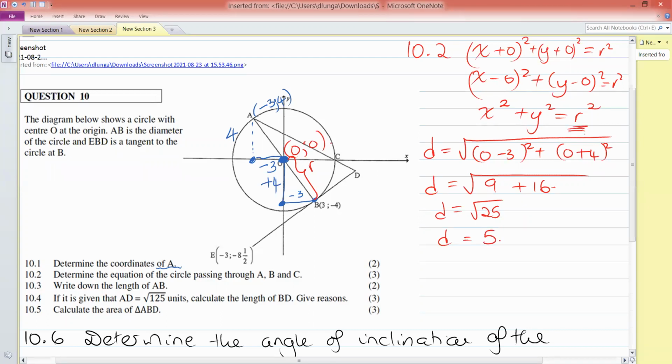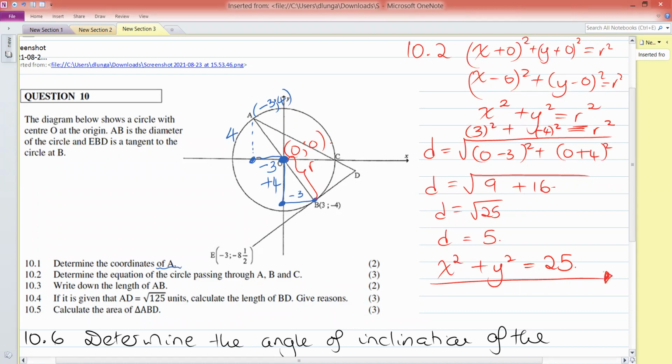But remember, if it's r squared, you square that, so you keep the 25. So x squared plus y squared is equal to 25. Or like you said, you could have just plugged in those values. We could have said the x is 3 squared plus the y, which is negative 4 squared. That will give us our r squared. Different ways of getting to the same answer.